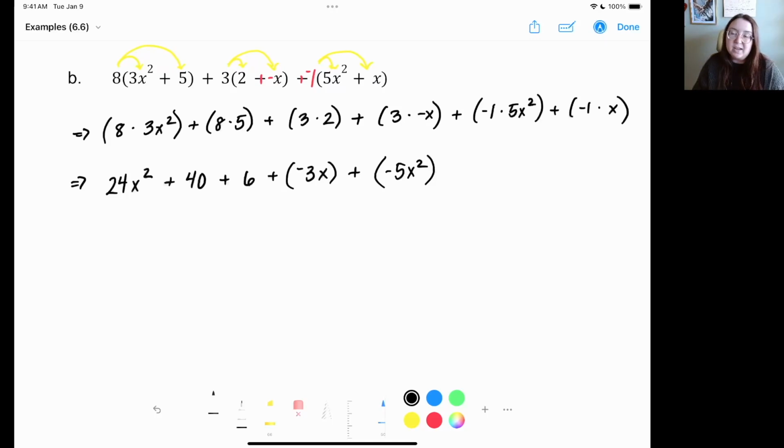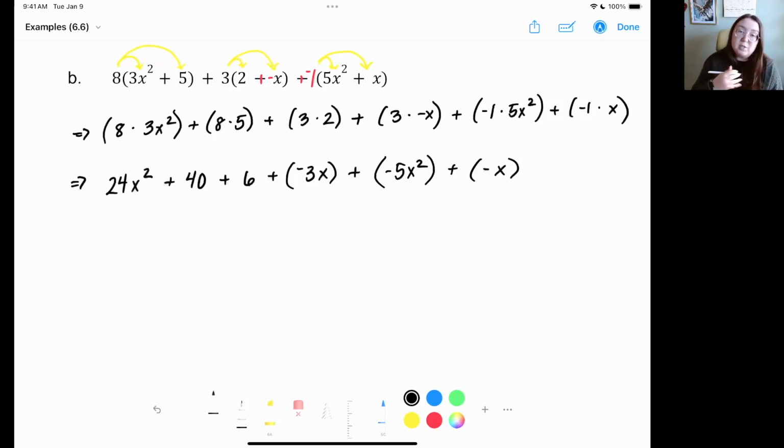Then lastly, we have negative 1 times x. The coefficient of x, remember, is 1, so negative 1 times 1 is negative 1. And remember, we don't really write negative 1x, we just write negative x. So now all of our terms are simplified. We still have parentheses around our negative numbers just to make it clear that they are negative.